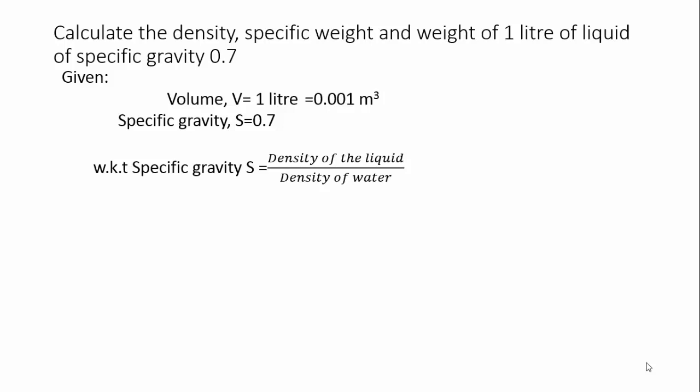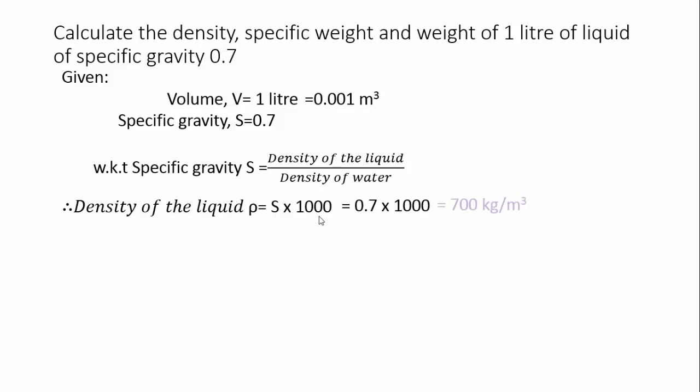So specific gravity is given here. So density of the liquid is equal to specific gravity into density of water. As density of water is 1000, we have to multiply the specific gravity by density of water 1000. So it gives us 0.7 into 1000, that is 700 kilogram per meter cube. That is the value of density here.